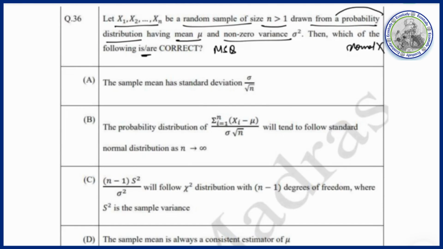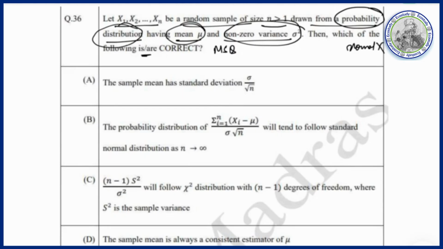What is given is a probability distribution with mean mu and variance sigma square. Always keep in mind, if it is normal, then normal distribution should be written here, but it is not written. It is written probability distribution, so it will follow any distribution.